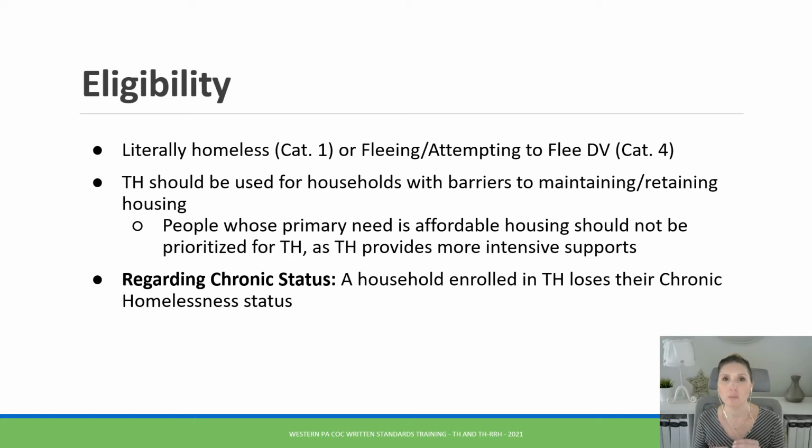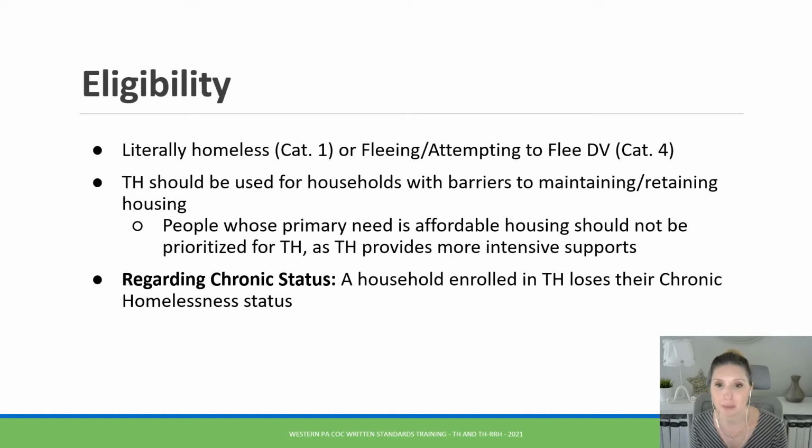Now, one other point that we want to mention regarding chronic status is that a household enrolled in TH loses their chronic homelessness status. There is a caveat to that. The only exception is a household that is unsheltered and eligible for PSH.